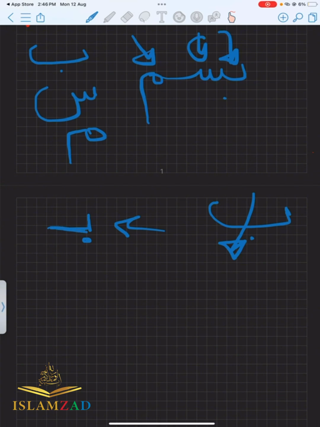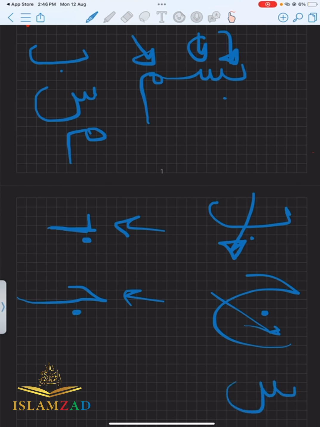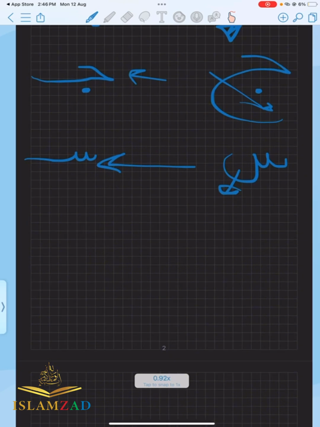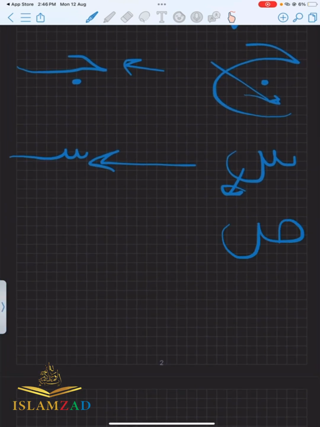For example, Jim. To connect it, we cut the tail of the letter and it will be like this. For example, Sin. We cut the tail and it will be like this. And so on. Another example, Sad. We cut the tail of the letter and it will become like this.